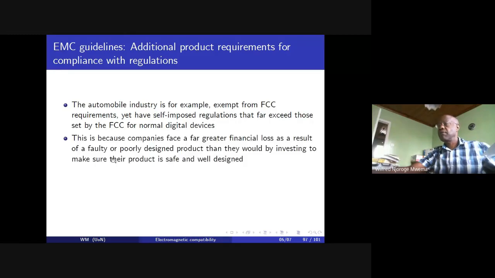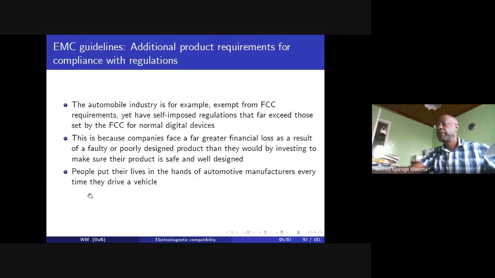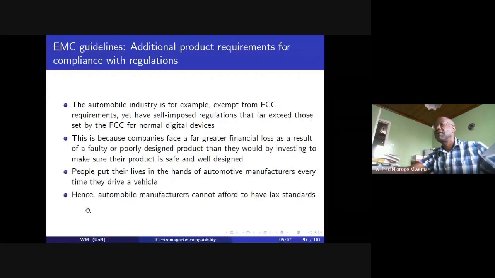This is because companies face a far greater financial loss as a result of a faulty or poorly designed product, and they would invest to make sure that their product is safe, well designed and meets the government regulations. And people will put their lives in the hands of the automotive manufacturers most of the time, every time you drive your vehicle. Therefore, the automotive manufacturers cannot afford to have lax standards in this particular case.